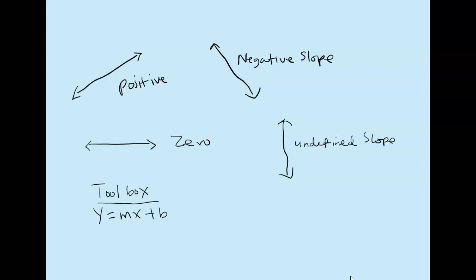We will look at the point slope form, which is y minus y naught equals the slope times x minus x naught.